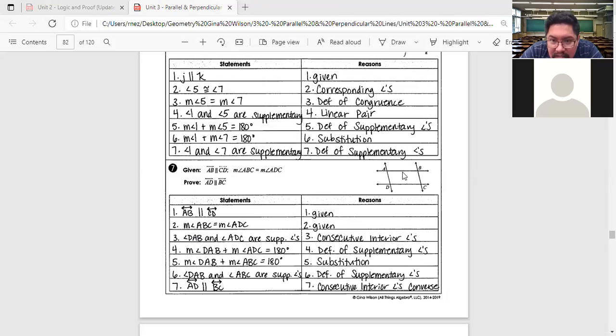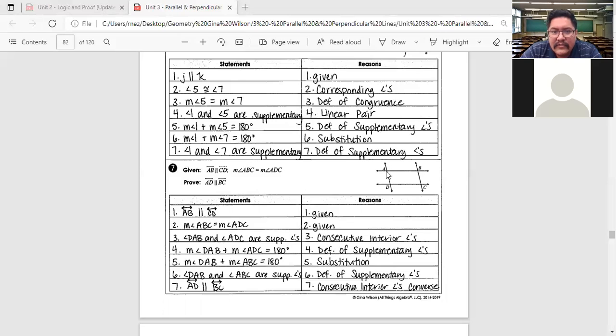DAB and ADC are supplementary. So they're talking about this angle and this angle. Now again, these are straight lines, and we know that these ones are parallel.